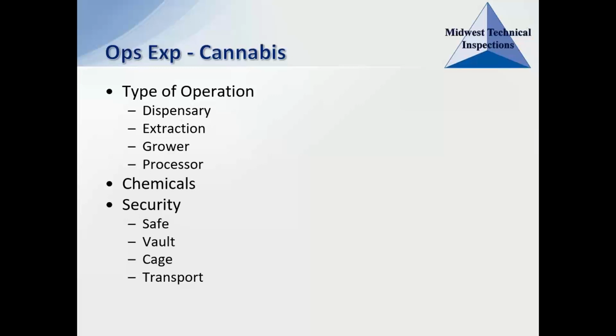So we want to make sure that they have proper security in place for not only the high demand, high exposure product, but also all of the cash that's coming with it. So we're looking for things like a safe on the facility, some kind of security vault, whether it's for the product or for the cash, a cage, especially for the product. And then looking at how are they transporting this product.